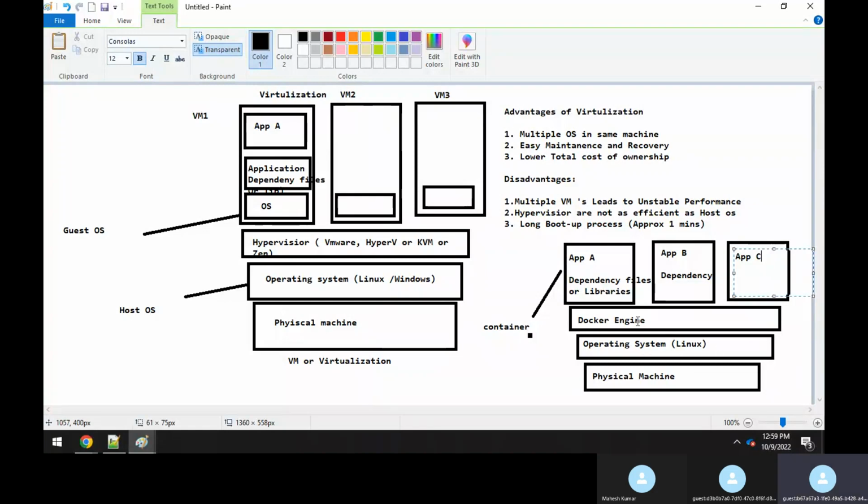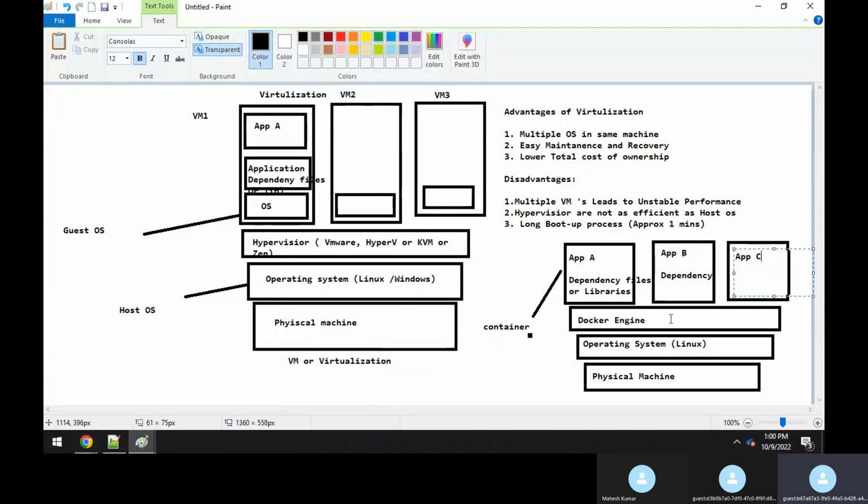But on top of it, we install Docker software. Once we install it, we get a Docker daemon, or Docker engine. With this Docker daemon or engine, we can create a container, and with that container, we can run an application. This we call Docker containers.